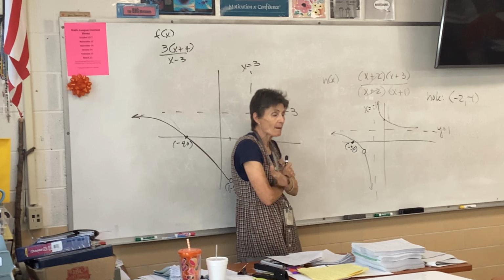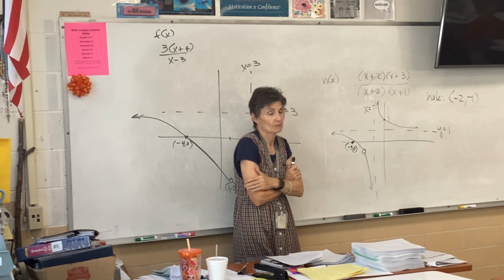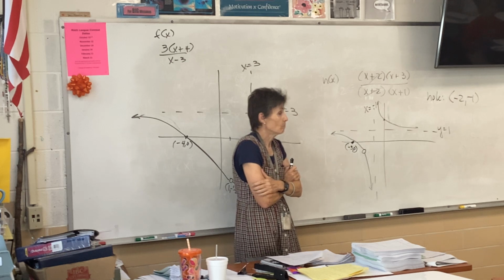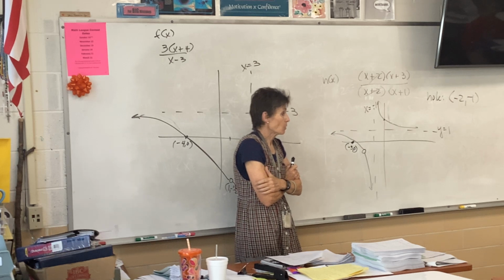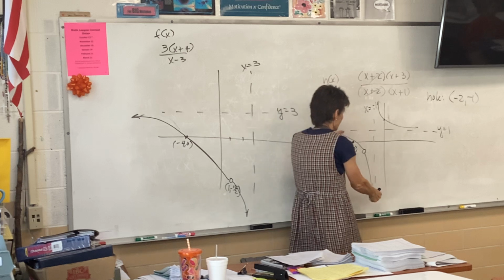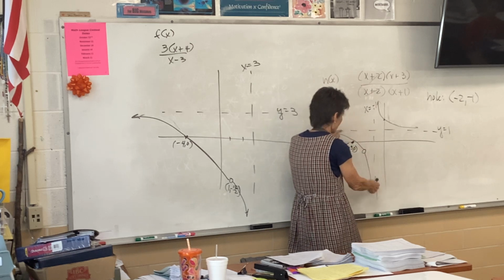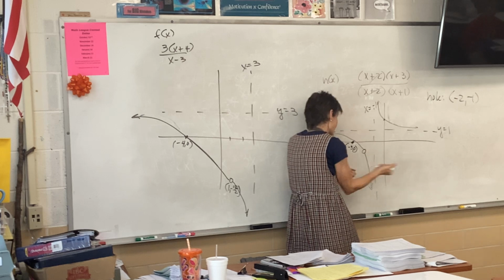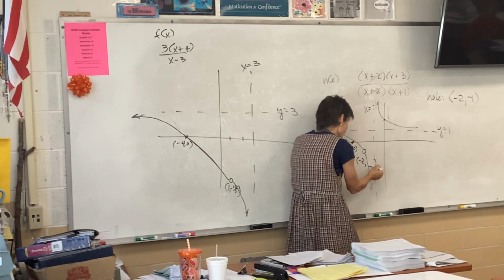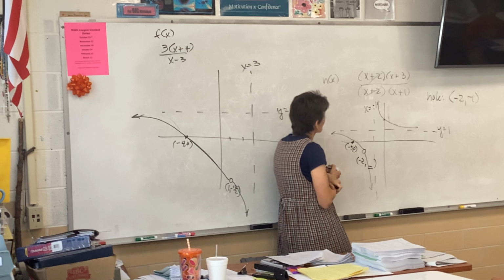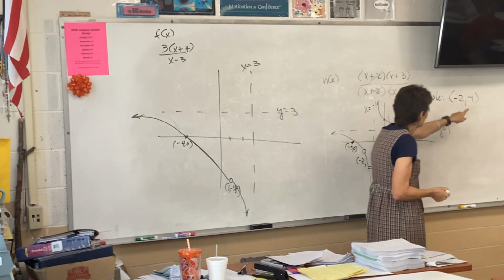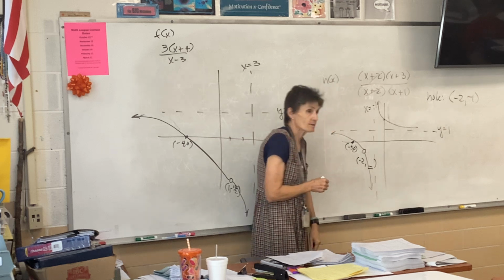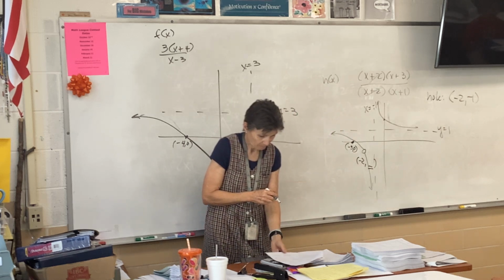Tell me what's happening in H at -2. We got a hole. So what's happening? Doesn't matter which way we come from, as we approach that hole, that's our y value, right? This is -2 comma something, that's the limit. So what is it? I got -1, but I don't know if I did that right. That's right, okay, so that one's -1.